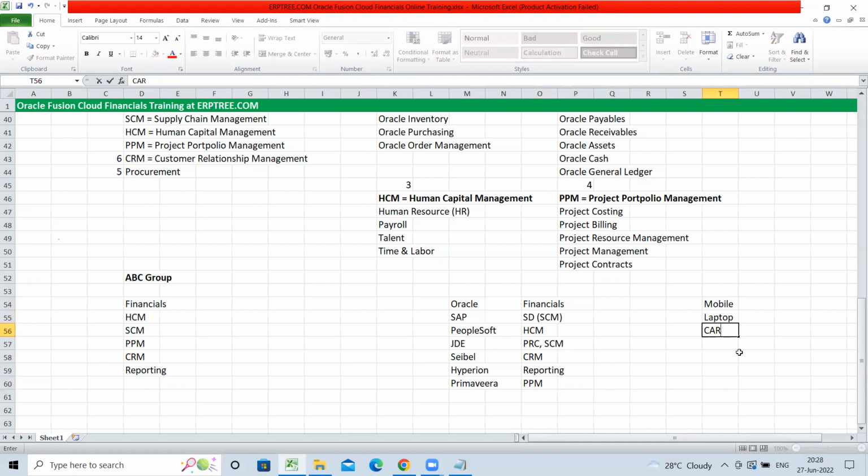You tell me which brand you are going to choose to buy these three. Mobile you buy from maybe Samsung or Apple. Laptop you may buy from Dell, and car you may buy whatever your budget and your favorite.